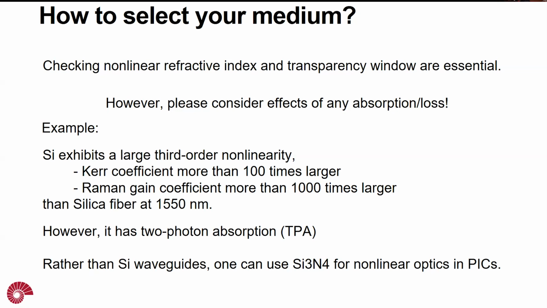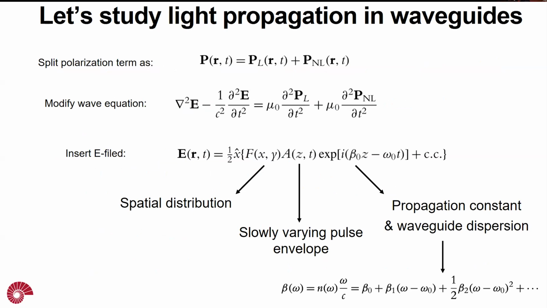Because you need to graduate. And that's the reason, rather than using silicon waveguides in our lab, we are dealing with silicon nitride, because silicon nitride, in terms of two-photon absorption, is really way better than silicon. What else? Yes, we need to talk about wavelengths, right?